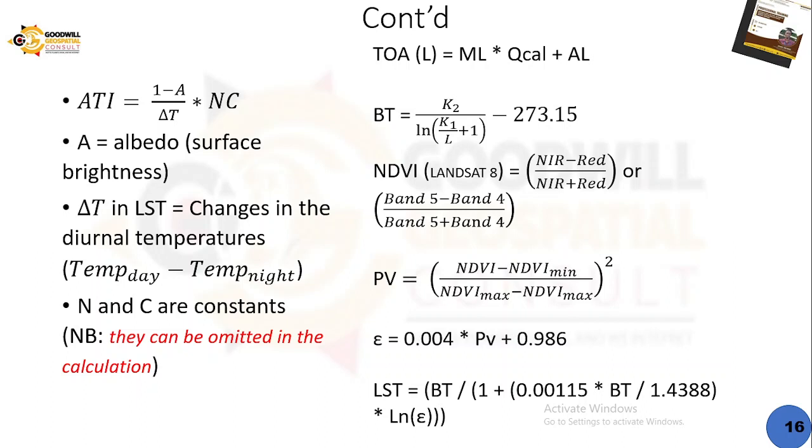Now once we are done with the brightness temperature, we calculate the NDVI, the normalized difference vegetation index. We have vegetation in our area of work, and based on the principle of photosynthesis, a proportion of the radiation emitted from the sun is absorbed by plants for photosynthetic processes.